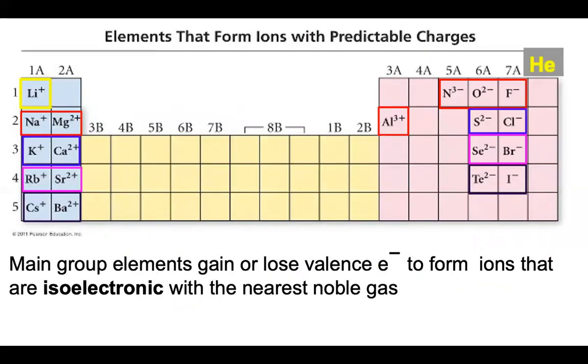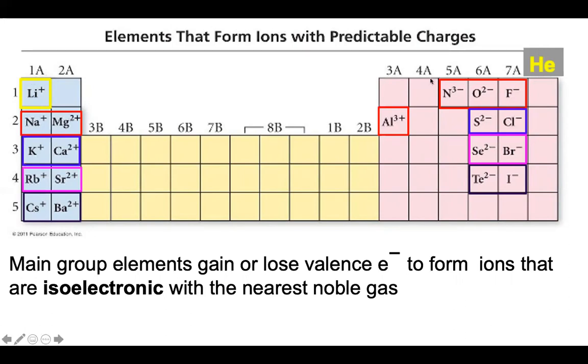When we're thinking about elements that form ions and their charges, we know that main group elements tend to gain or lose valence electrons to form ions that are isoelectronic with the nearest noble gas configuration. So for example, lithium is isoelectronic as the ion with helium.